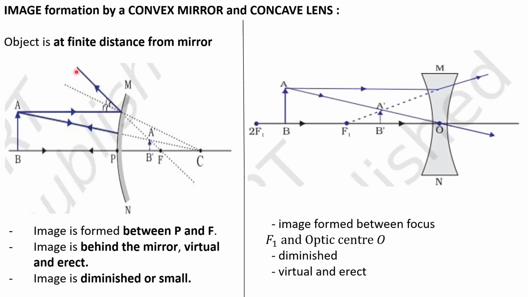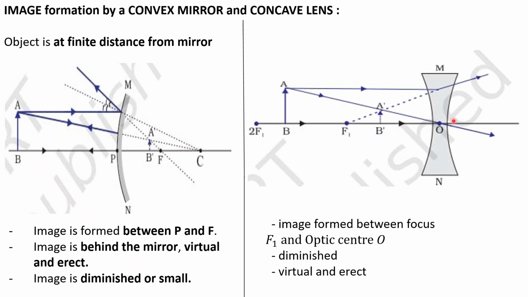When the object is at a finite distance from the convex mirror and the concave lens, that is, at a finite distance from the pole of the mirror or from the optic center of the lens, the image is formed between the pole and the focus.